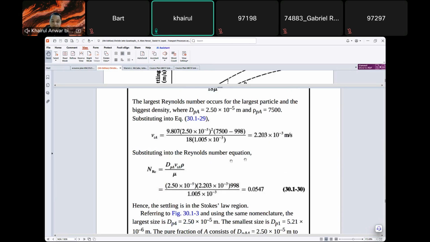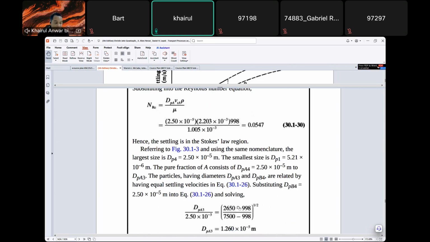Substituting into the Reynolds number equation, you get 0.0547. Now that we know it is within the Stokes flow region, or the laminar flow region, referring to figure 30.1-3 and using the same nomenclature, the largest size is dp4, 2.5 times 10 to the power of -5. The smallest is dp1, 5.21 times 10 to the power of -6.